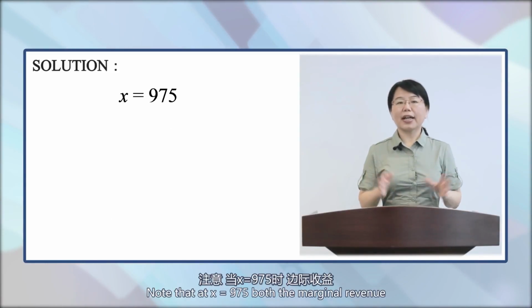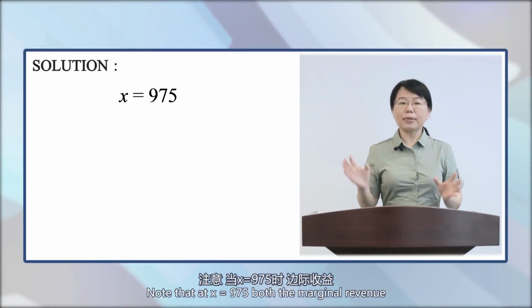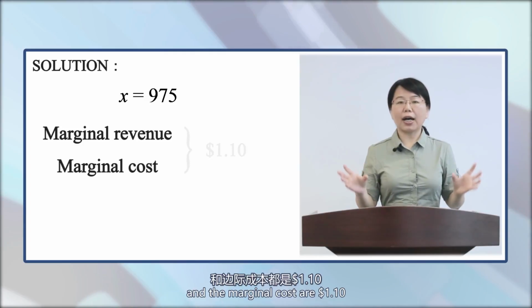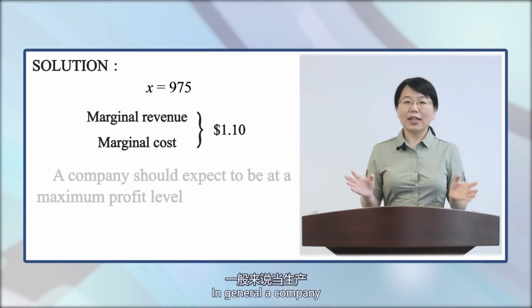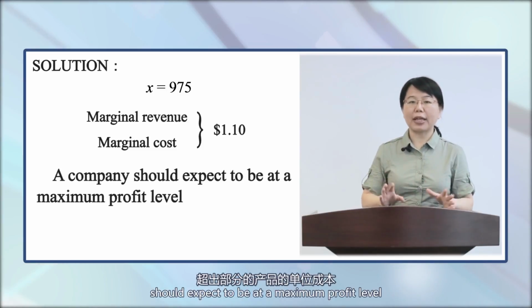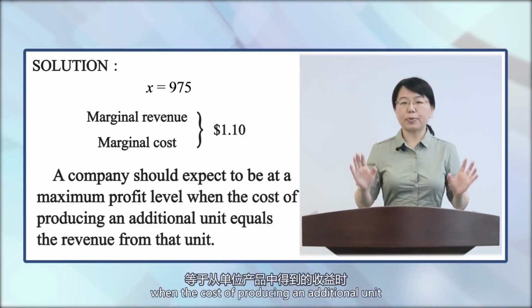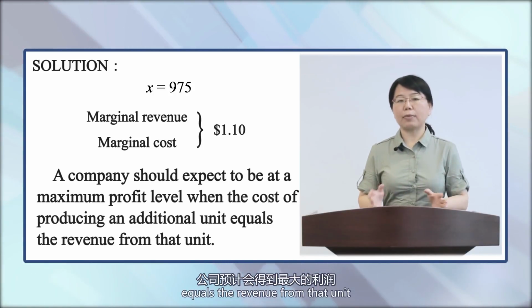Note that at the point x is 975, both the marginal revenue and the marginal cost are 1.1. In general, a company should expect to be at a maximum profit level when the cost of producing an additional unit equals the revenue from that unit.